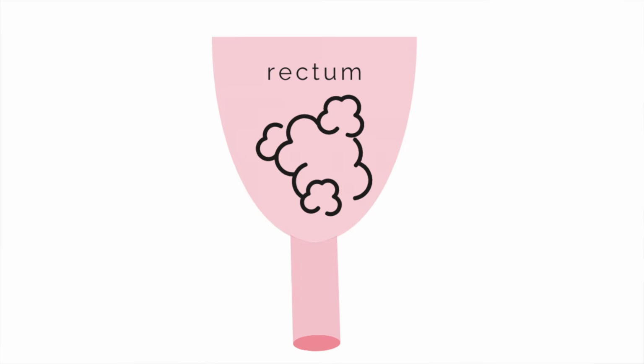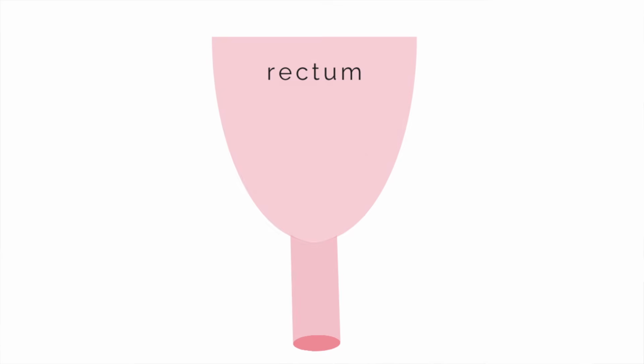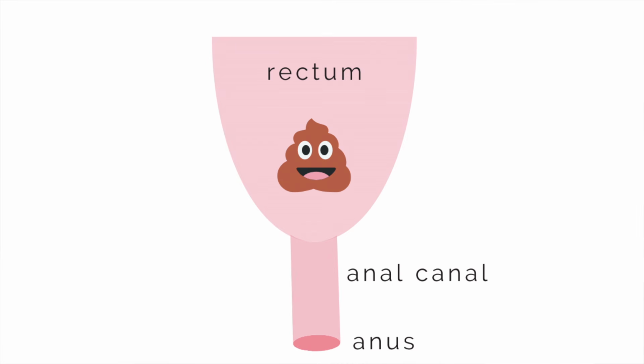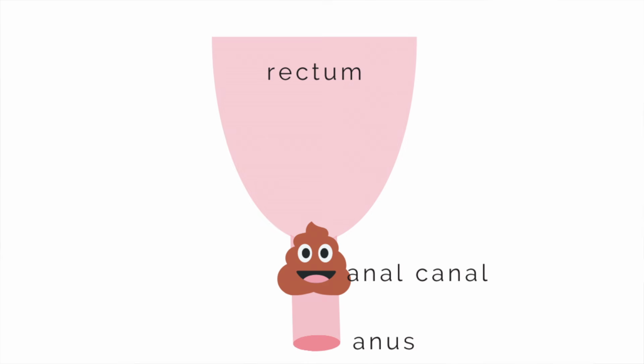So, a quick review of everything that we've discussed before we properly define anal fissures. We've got the rectum, which stores gas and poop that lives on top of the anal canal and anus. When someone poops, that poop exits the rectum, moves through the anal canal and out of the anus into the world.